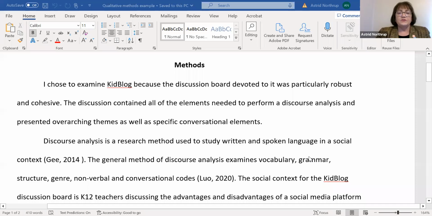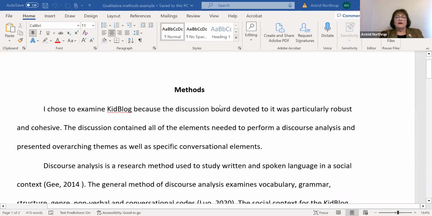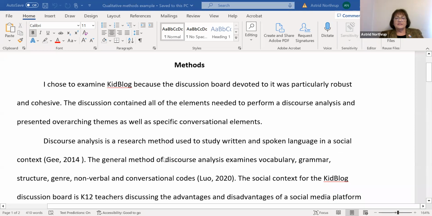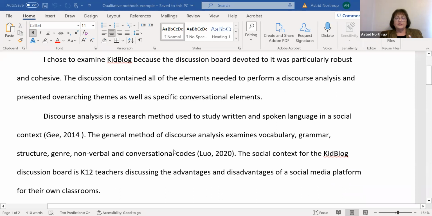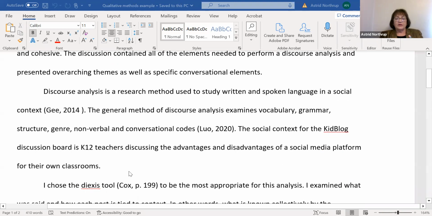So basically, if you take a look at my method section, first of all, we have the word method, and I say here what I wanted to do. And then I said discourse analysis. I described what discourse analysis is. And I talked about these general references, which is the same sort of thing that you would do about how discourse analysis is going to apply to what I'm talking about.